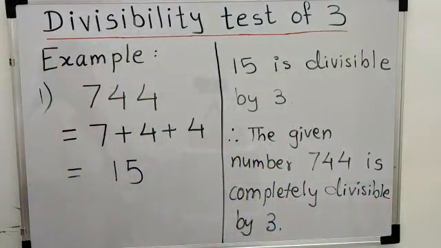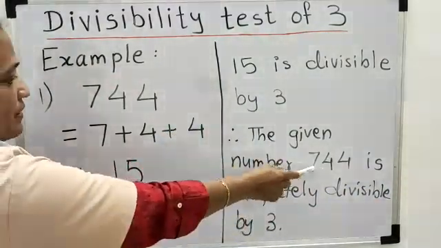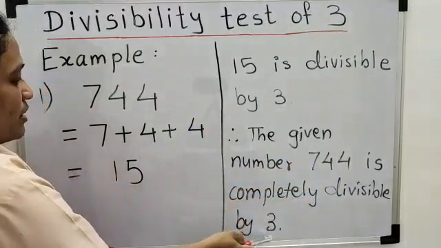As per the divisibility test, I have concluded that the number 744 is divisible by 3.